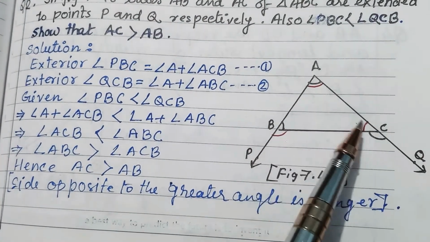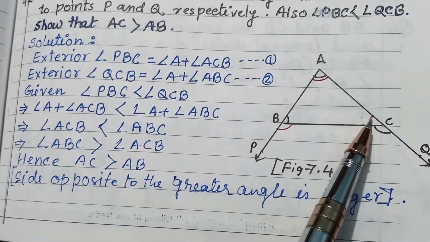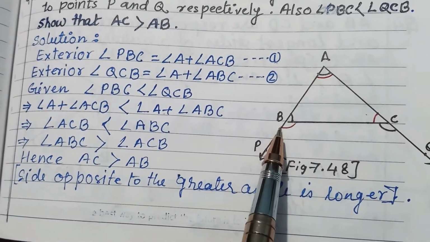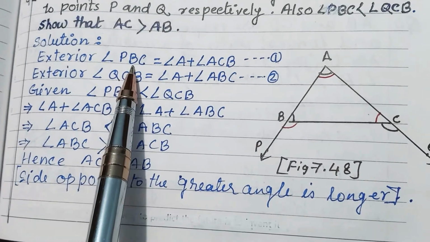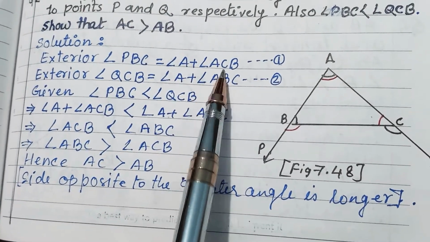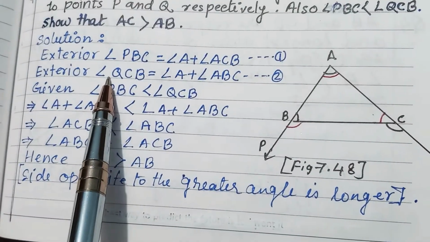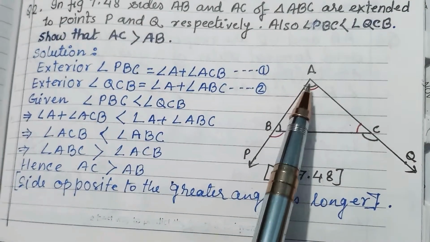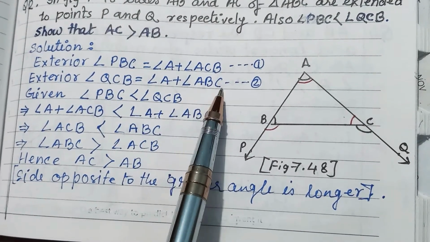This is the exterior angle, and these two are the opposite interior angles. So angle PBC is equal to angle A plus angle ACB. Next, exterior angle QCB is equal to angle A plus angle ABC.